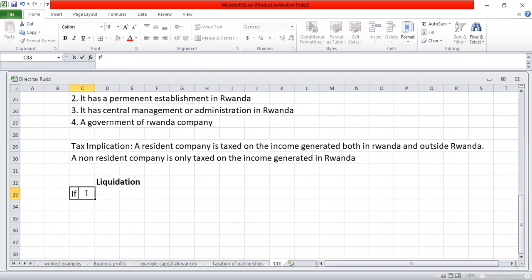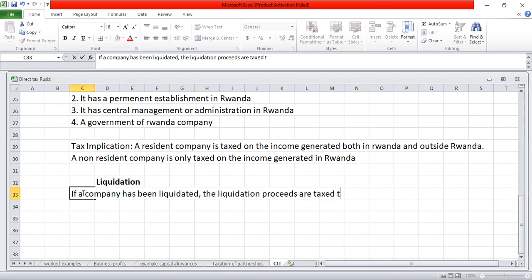If a company has been liquidated, the liquidation proceeds, in case a company has been liquidated, meaning you have ended the activities of the company.